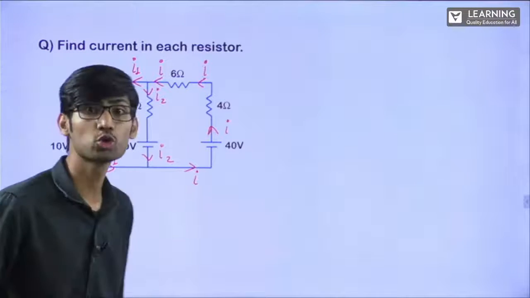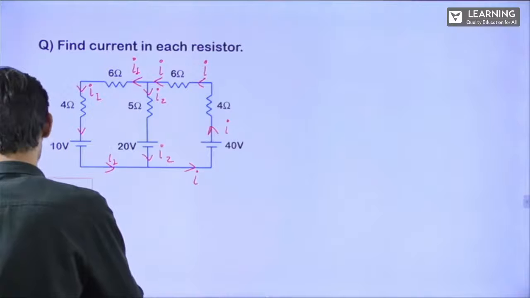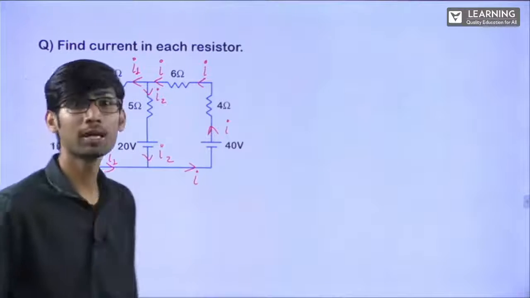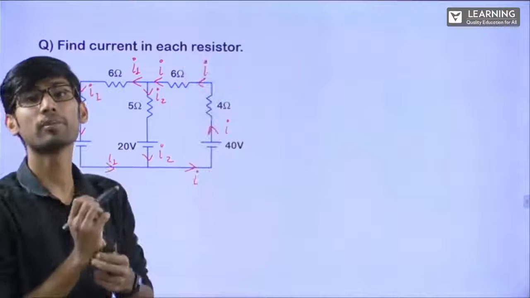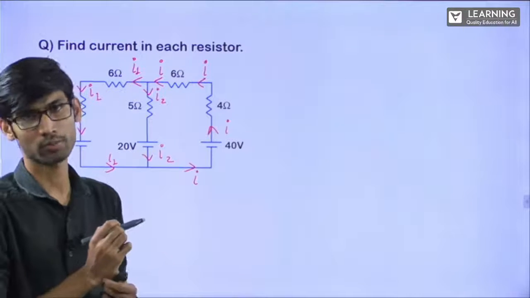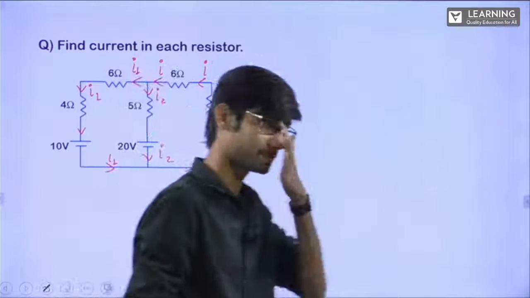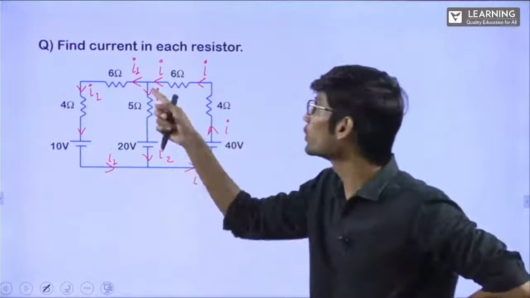Now, second thing is choose a loop. When there are many loops, you have to write the name of the loop. In the previous questions, we did not write the name of the loop. Here, how many loops can you select? Can you tell me? See, there are two unknowns, I1, I2.